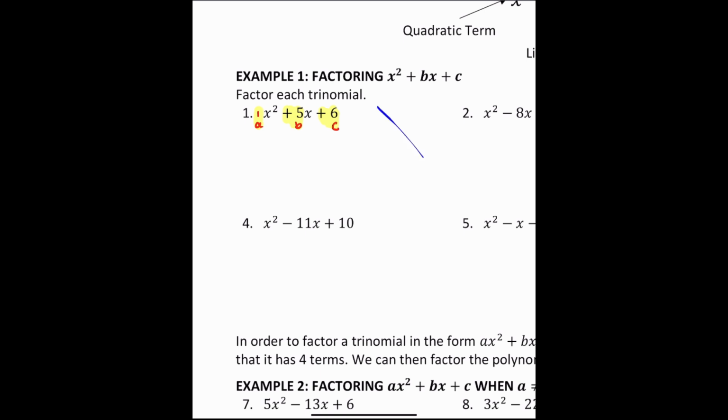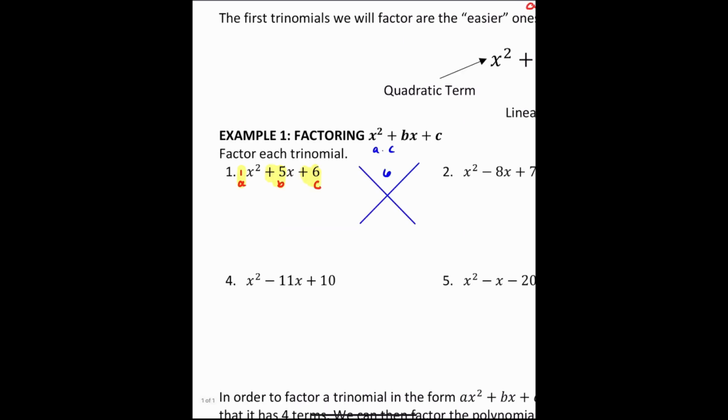To factor this trinomial, I'll draw an X on my paper, and then we're going to multiply the A and the C values together. In this case, it's 1 times 6. That's 6. And our B value is 5. So now we need to think of two numbers that multiply together to give you 6 and add up to 5.